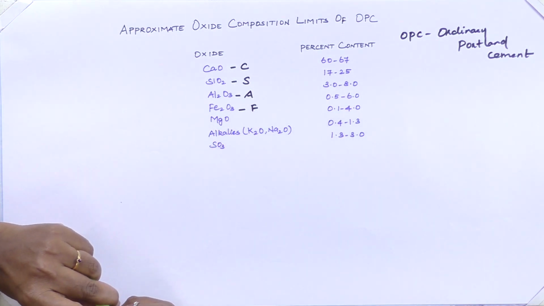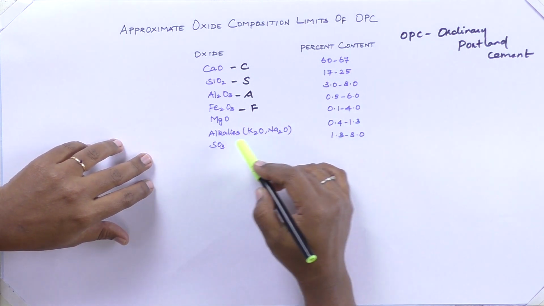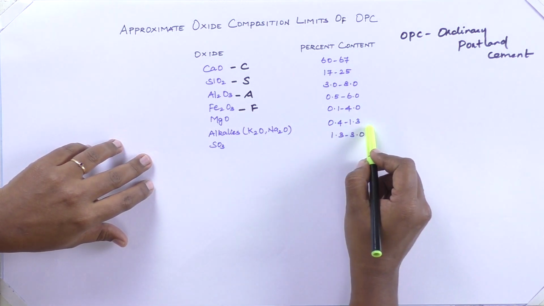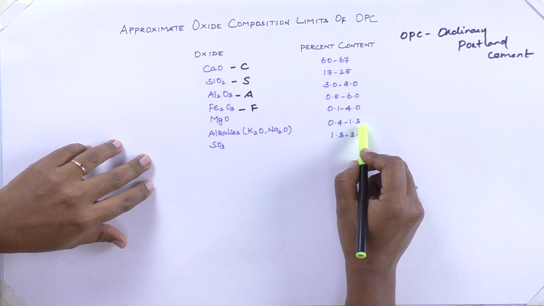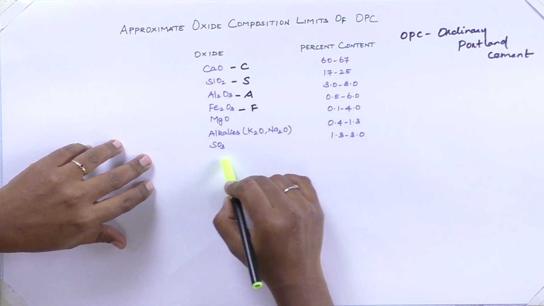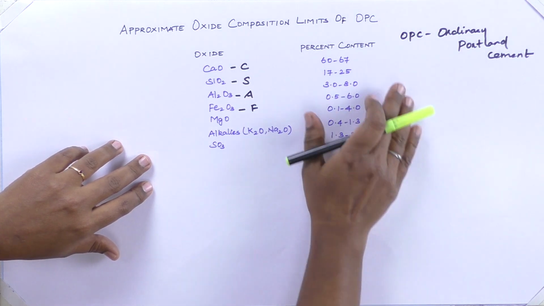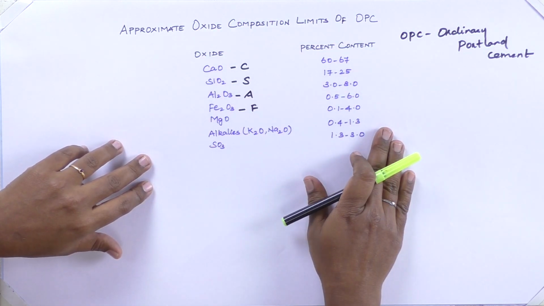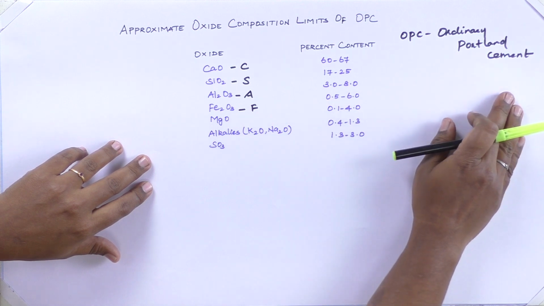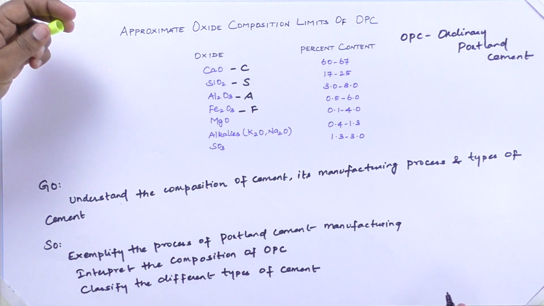MgO, magnesium oxide, 0.1 to 4, and alkalis lie somewhere between 0.4 to 1.3, and sulfates SO3 around 1.3 to 3 percent. This is the oxide composition of an ordinary Portland cement.